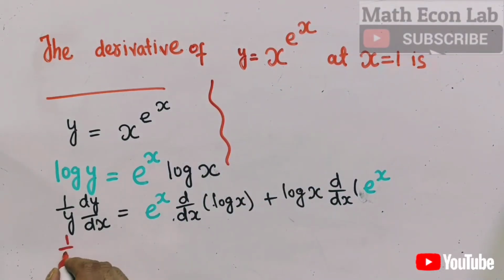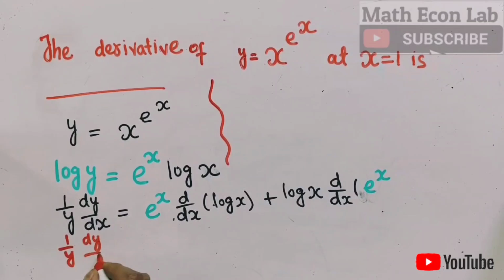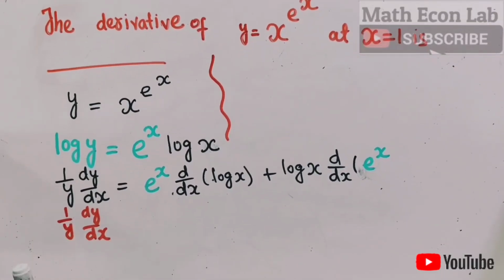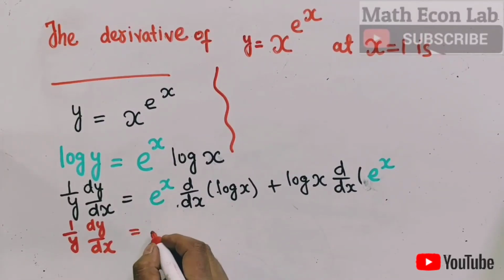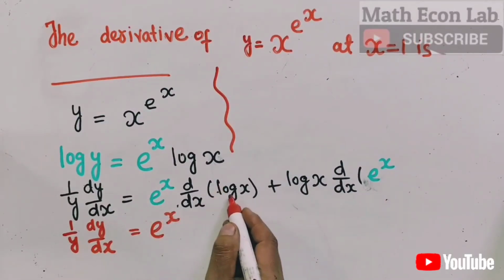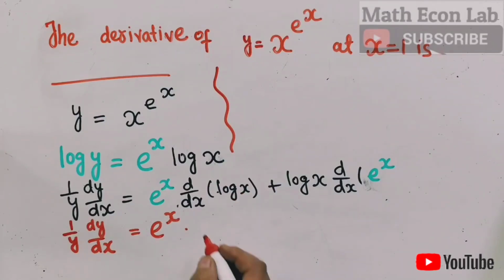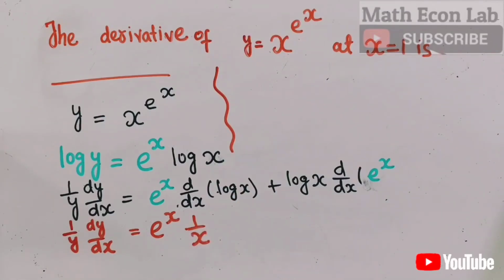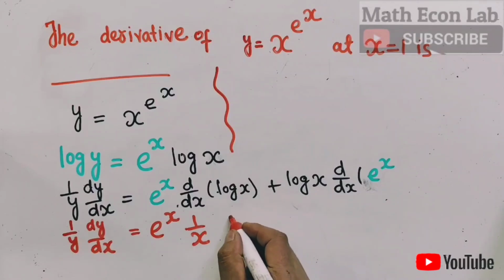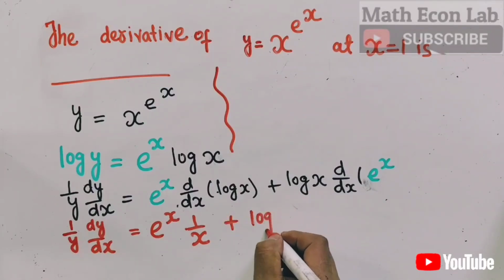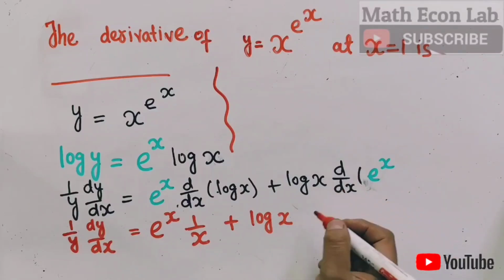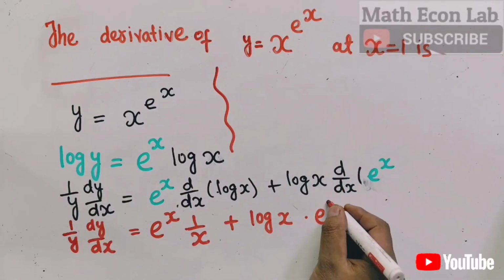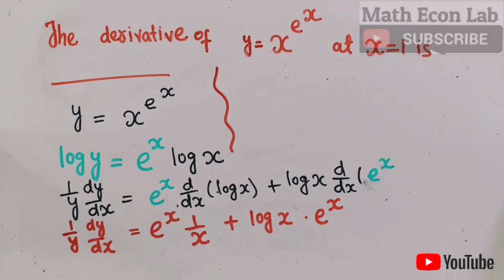So we have 1 upon y dy upon dx is equal to, now we have e raised to the power x, times the derivative of log of x, which we know is 1 upon x, plus log of x times the derivative of e raised to the power x, which is e raised to the power x, times e raised to the power x.